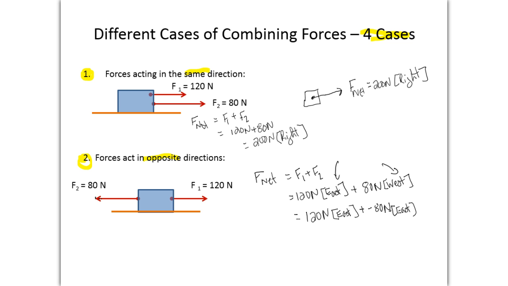So 120 plus a negative, or you could say 120 subtract 80, will be the same, is 40 newtons to the east. So if you were doing a tug of war, you were pulling with 120, your friend was pulling back with 80, it would be the same as if you had one single force pulling to the east with 40 newtons.